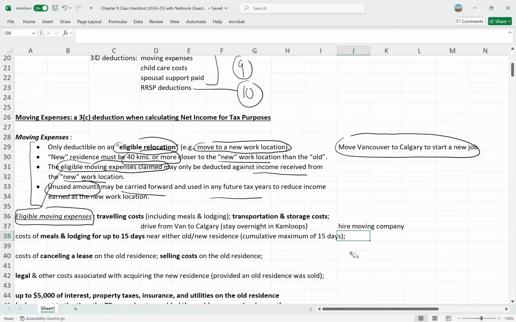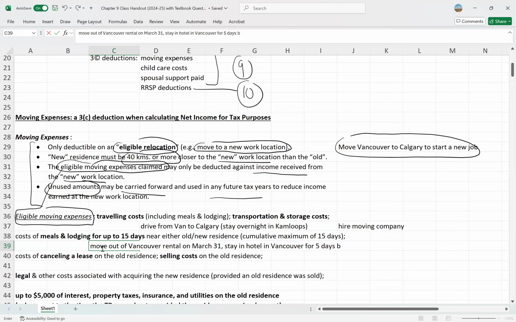So what does that mean? Let's say, once again, you're moving from Vancouver to Calgary, and you move out of the Vancouver rental on, let's say, March 31st, and you stay in a hotel in Vancouver for 5 days before driving to Calgary.